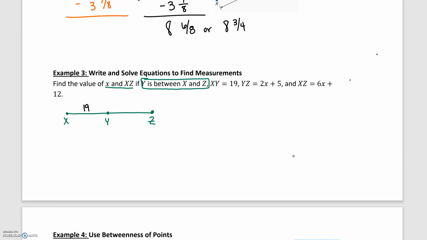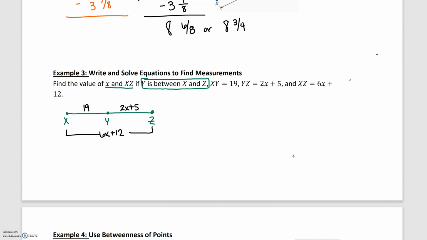YZ is right here, so 2x plus 5. And then XZ kind of comes around here in the tail end of the 12 there. So 6x, this is our total, 6x plus 12. I'm going to go ahead and put brackets with that to show that's the whole.